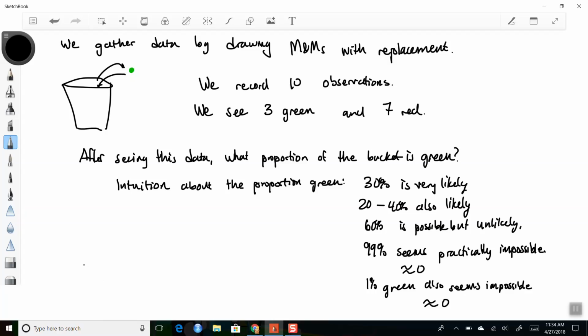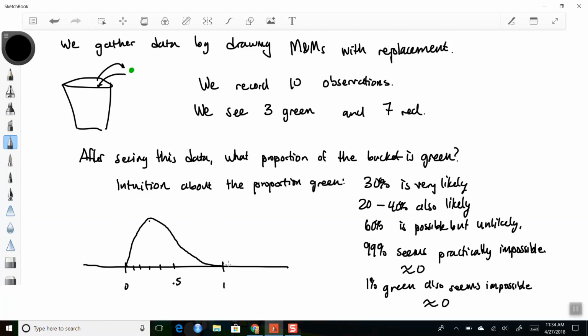And so we might represent the distribution of our beliefs about the proportion that's green with some curve that looks like this. This would be 0.3, and we would draw something that looks like this, or something like that, okay? So this is going to be our curve representing our distribution of what proportion is green, okay?